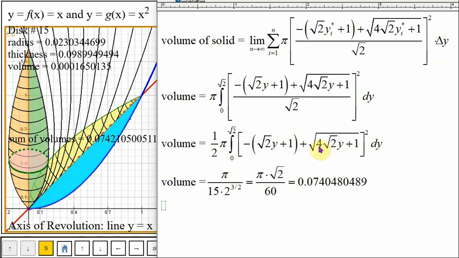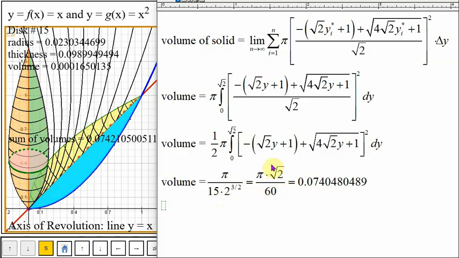So just let u be 4 times the square root of 2y plus 1. And then work it out and evaluate it, and it will come out to be pi over 15 times 2 to the 3/2. Then simplify a little bit, and we get pi times the square root of 2 over 60.